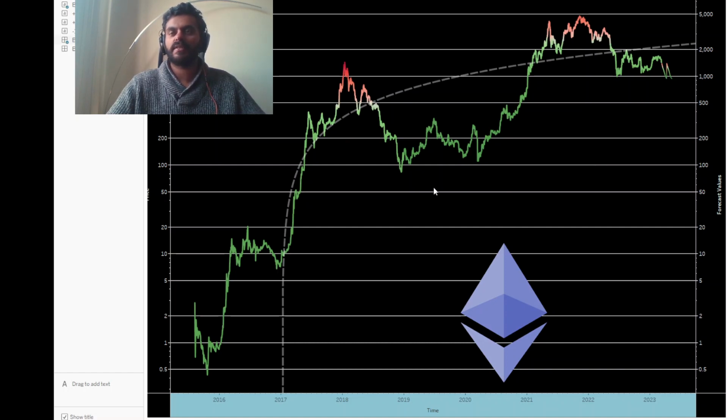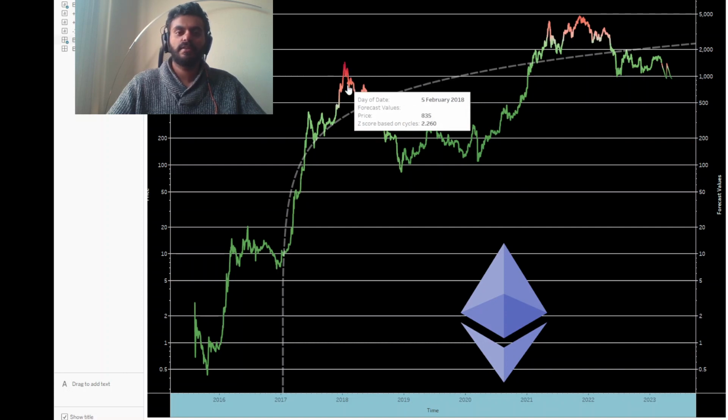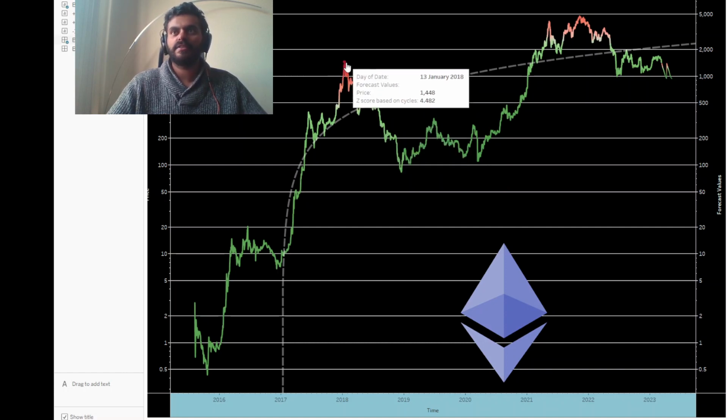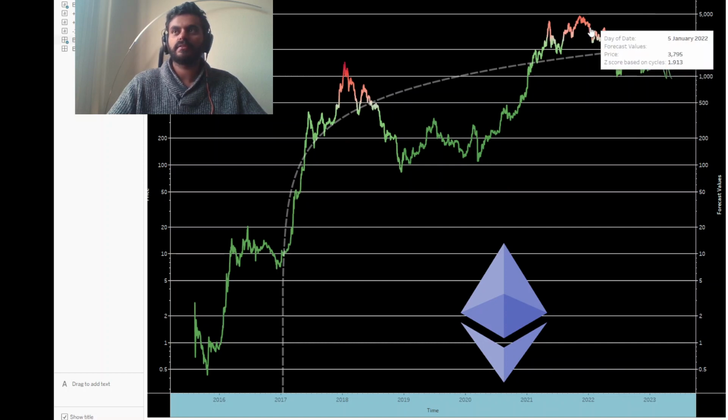The historical input for this model is the daily price action of the Ethereum USD pair. The color codes are actually the Z score for Ethereum based on its market cycle. Up till 2018, the Z scores are for one cycle, and then the second cycle after 2018.